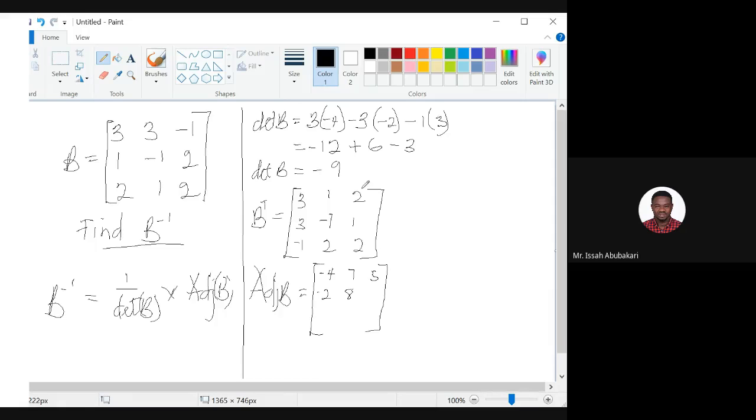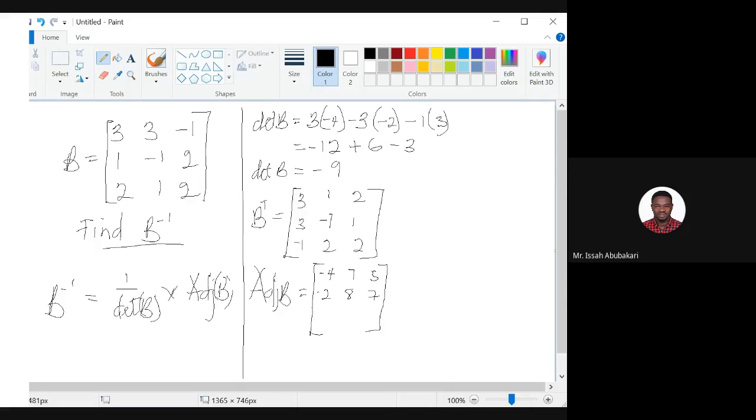And the last one: 3 times 2 is 6, minus -1, 6 plus 1, 7. Is that okay? If you get a different answer or different element, let us know so that we compare and know which one is correct and which one is wrong.